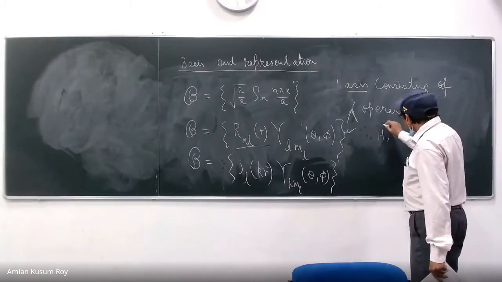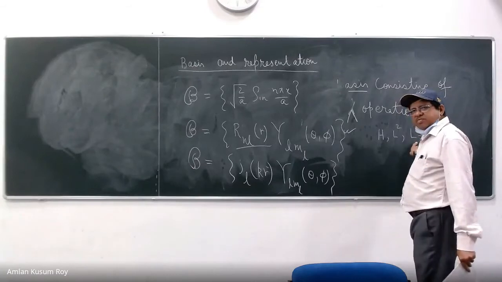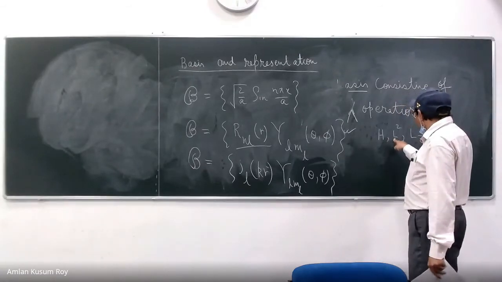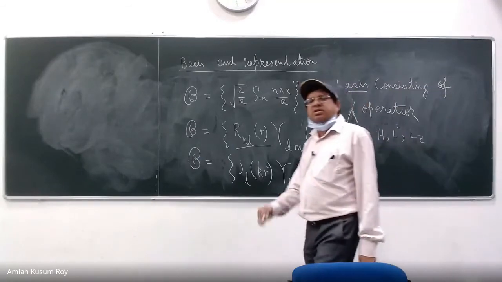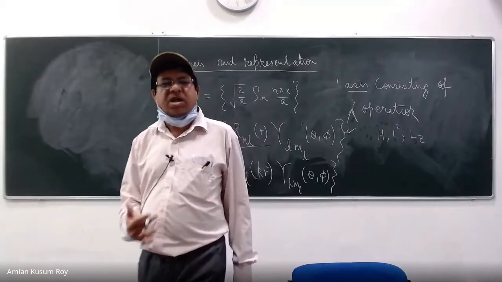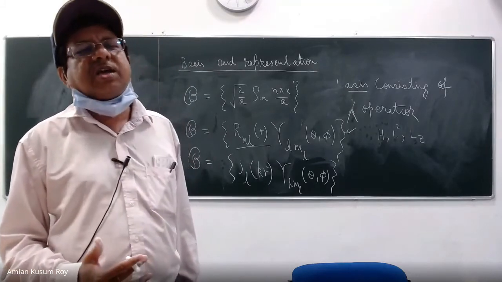And not only this, because this guy commutes with all these operators, we have proved that many times. H, L square, Lz, they commute with each other. That means the matrix representation of all the operators in this particular basis is going to be diagonal with different eigenvalues.